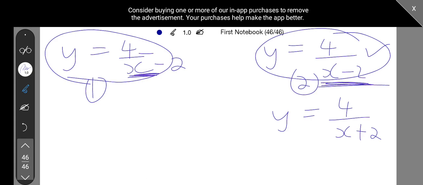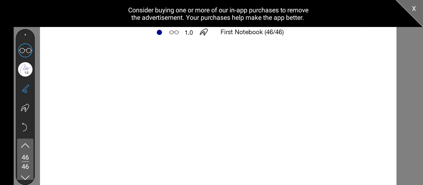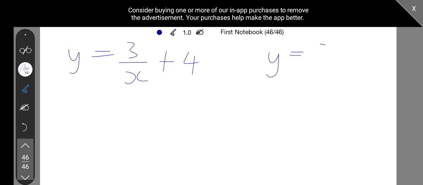We've been given a graph. Now let's mix the two transformations. We're going to say that y is equal to 3 over x plus 4. Now let's have y is equal to 3 over x plus 3 plus 2. Now, can you compare graph 1 and graph 2?